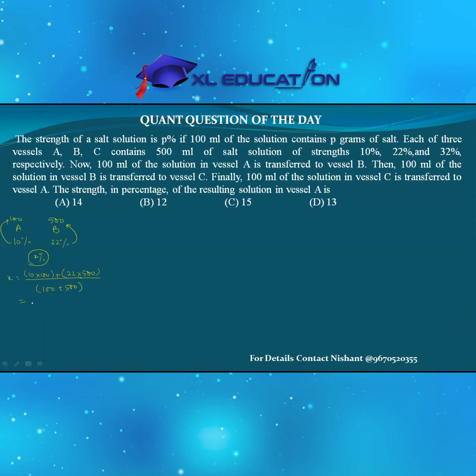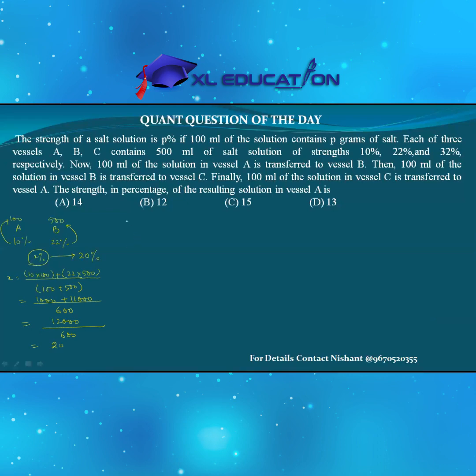So this gives me 1000 plus 11,000 divided by 600, which is 12,000 divided by 600, which is equal to 20. So we can say the concentration of this is 20%.